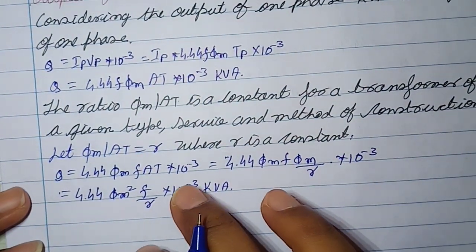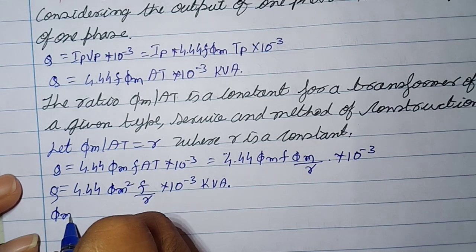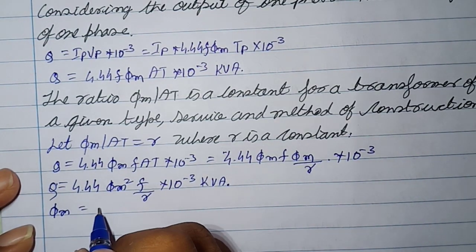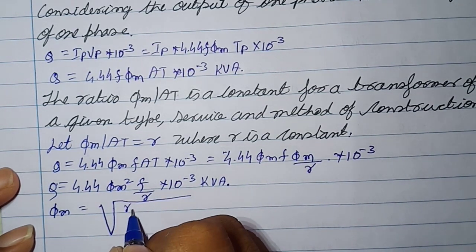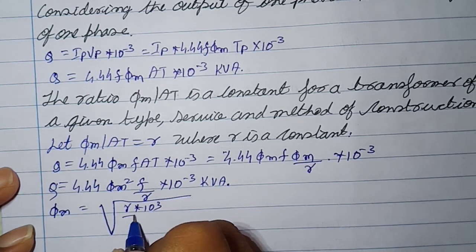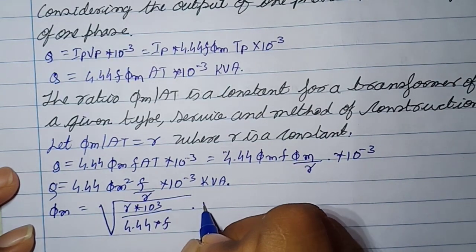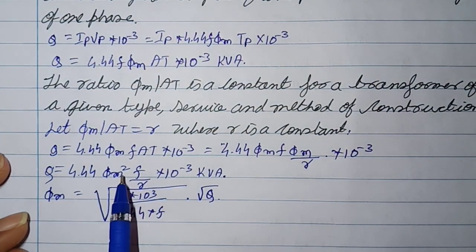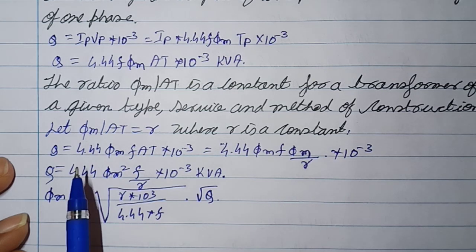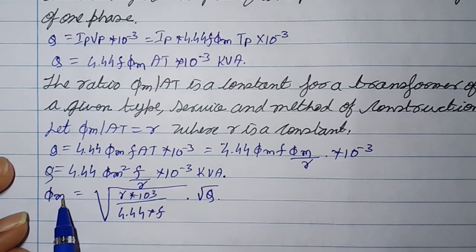From this equation, we are getting the value for phi m, which will be equal to square root of R into 10 raised to 3 divided by 4.44 into F, into Q. When we bring phi m square to one side, we get Q into R divided by F into 4.44, that is phi m square.